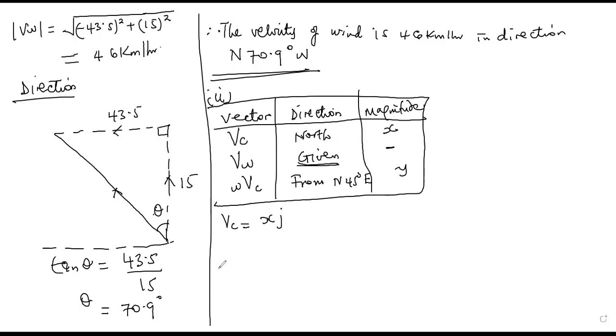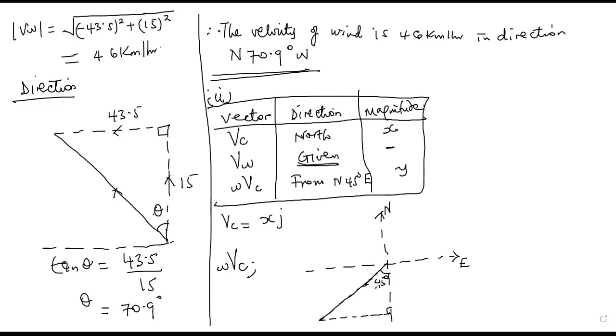Now, let's look at velocity of wind relative to the cyclist, and that is by sketching. So, since this is my north, and this is my east, the wind is appearing to blow from north 45 degrees east, so it's coming this side still. 45 degrees.